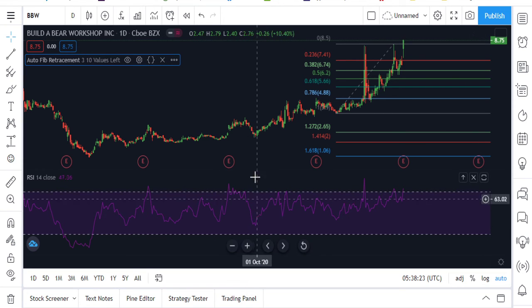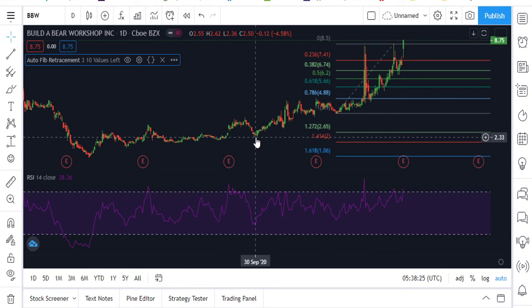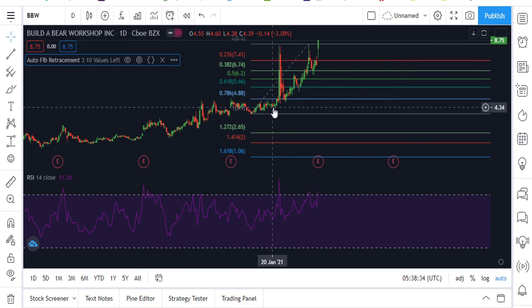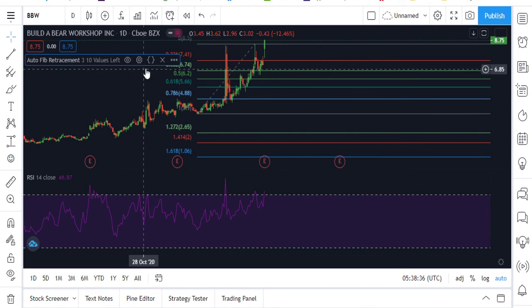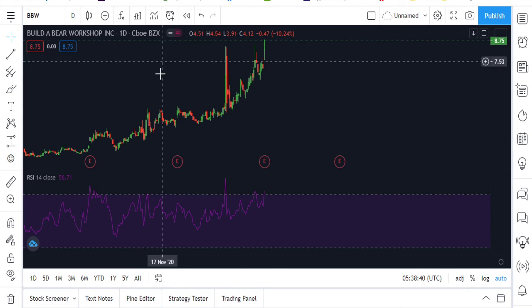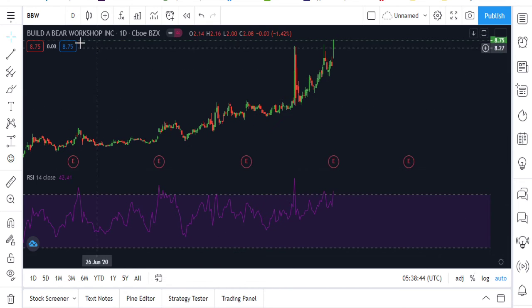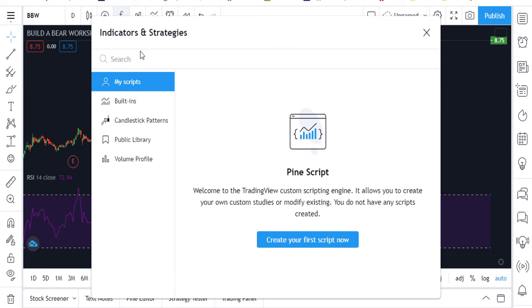You could buy it right here, buy the dips, sell it up here, and yeah, those are a few strategies you guys could use to trade or look for confirmation of a trade. You can also use, I'm sure you got one last strategy.